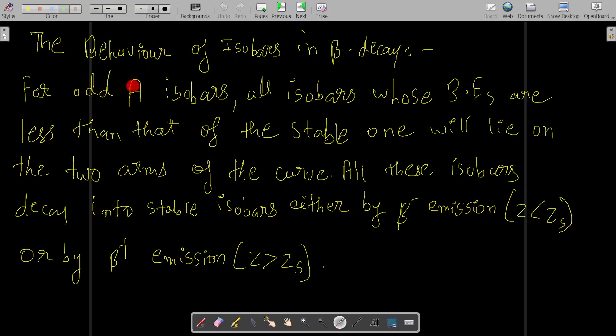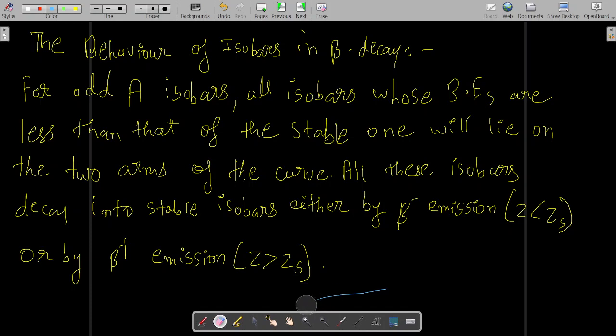Suppose we have odd A, means the atomic mass number A is odd for some isobar. Suppose then all those isobars whose binding energies are less than that of the stable one. Okay, binding energy less than that of the stable one means, suppose we have a situation of this kind.